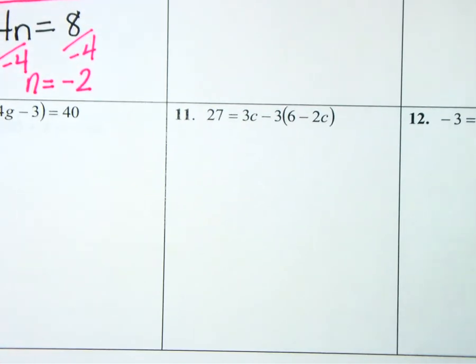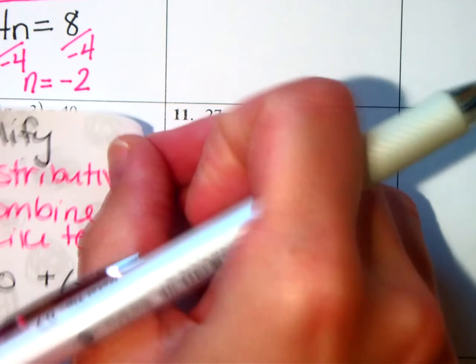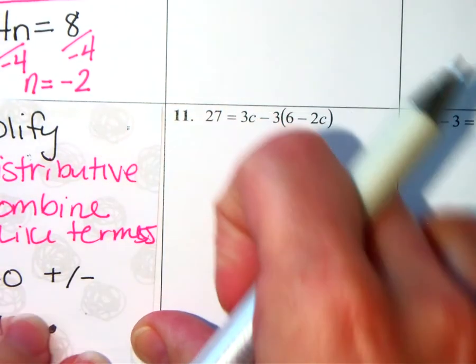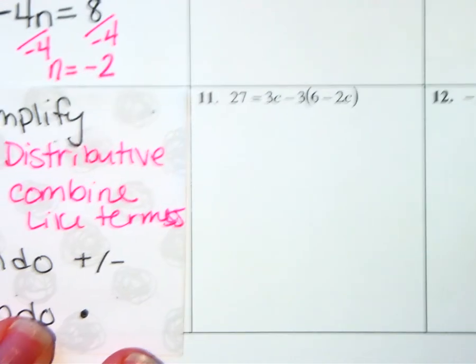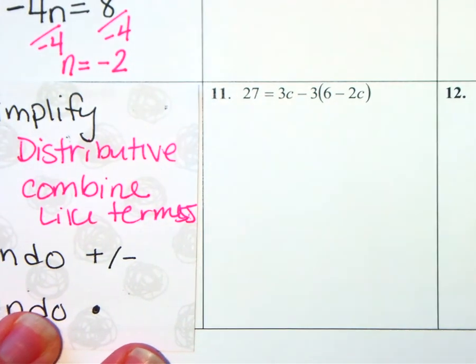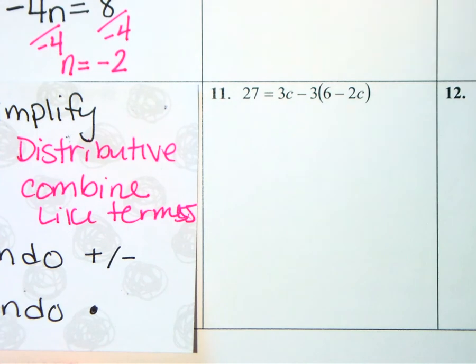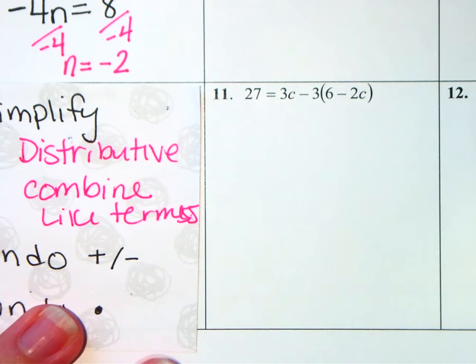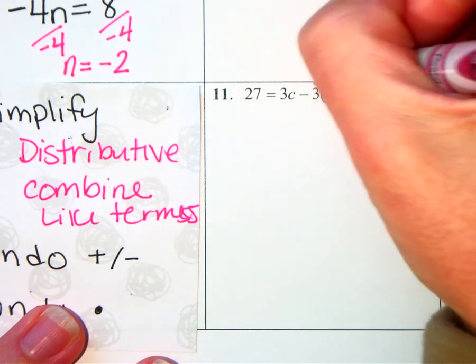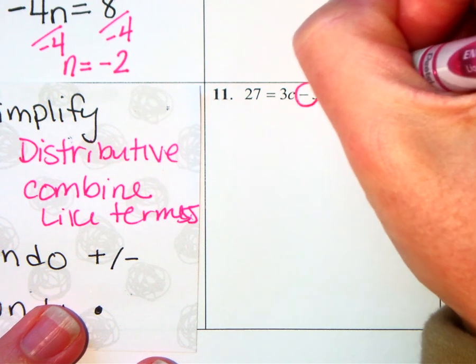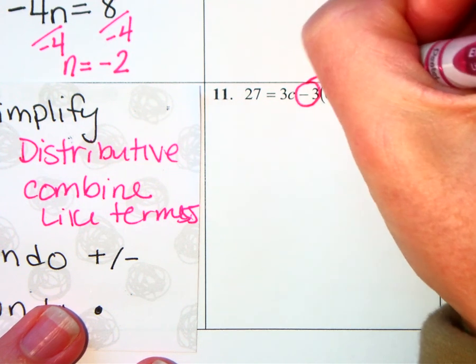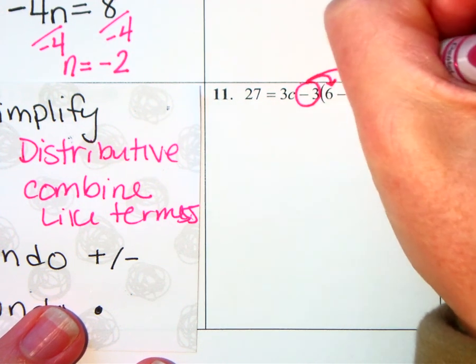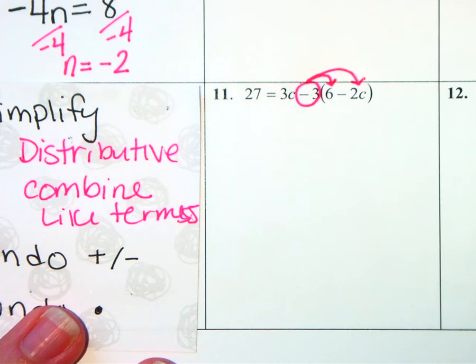Okay, so number 11, do you see the distributive property? So again, we've got our little list here of things we do and what order we do them in. So distributive property, yes. Now, this is kind of a confusing problem because when you multiply, you are multiplying a -3 times both numbers.